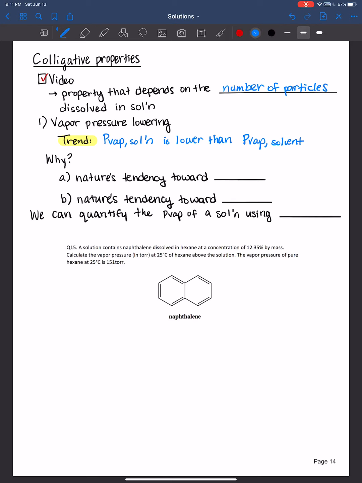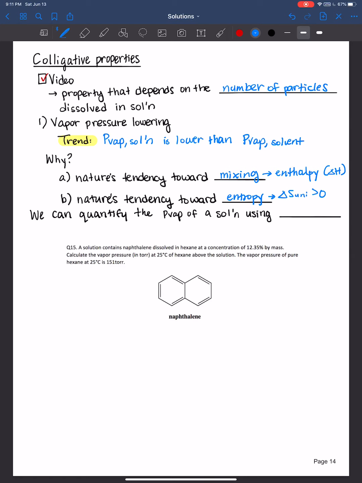Nature has a tendency towards mixing. And we discussed that when we investigated enthalpy of solution, based on the enthalpy of the solute and the solvent and the enthalpy of mixing. And nature also has a tendency towards entropy. It wants more disorder. And that was all based on the second law of thermodynamics, that the entropy of the universe is always increasing for spontaneous processes.